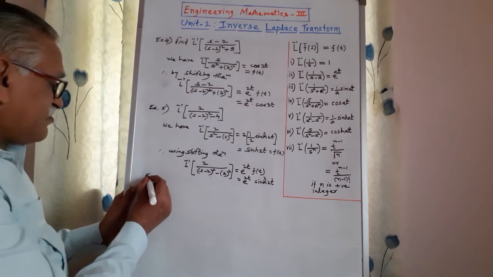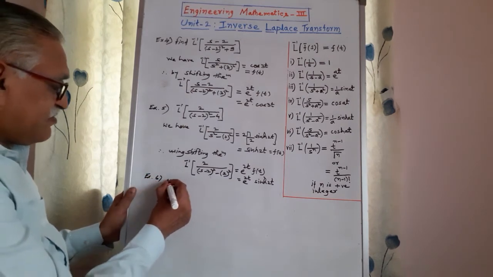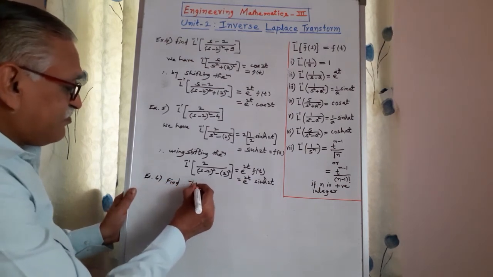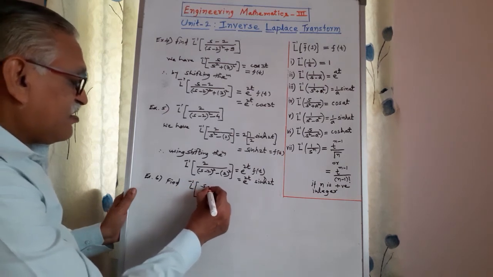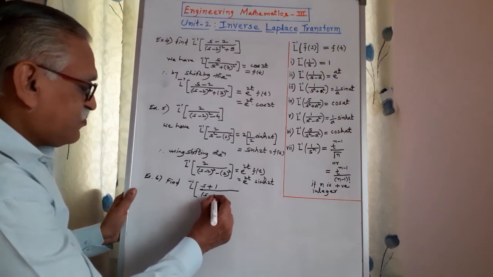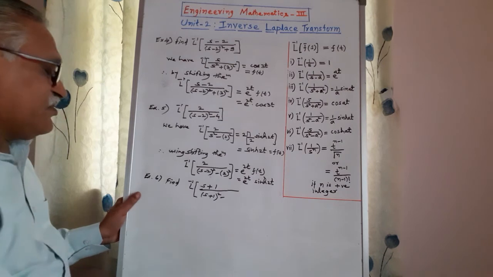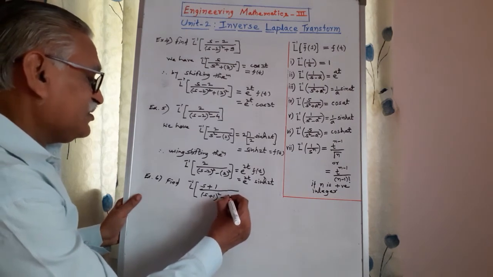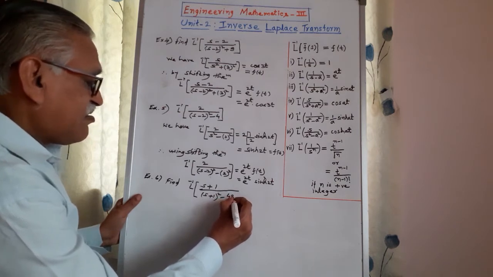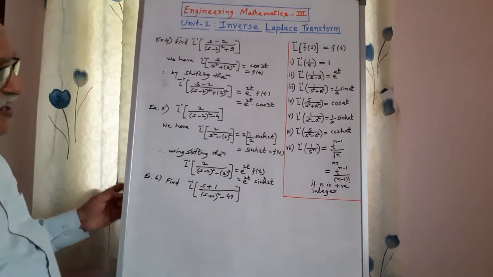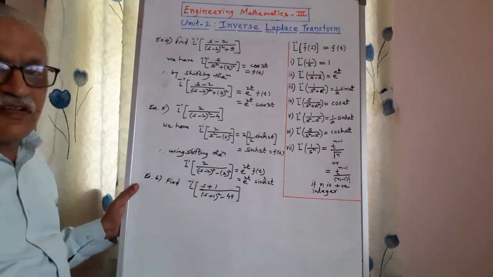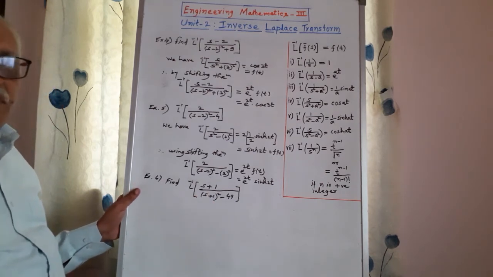One more. Find inverse Laplace of (s plus 1) upon (s plus 1) square minus 49. Both in numerator and denominator, s is replaced by s plus 1, which means it is a problem of shifting theorem.